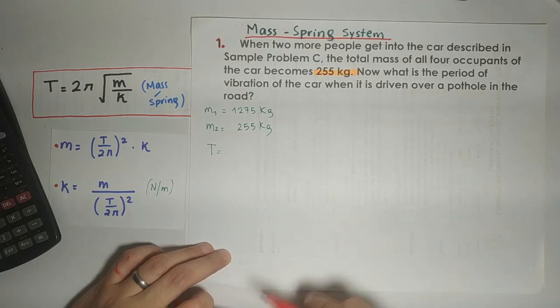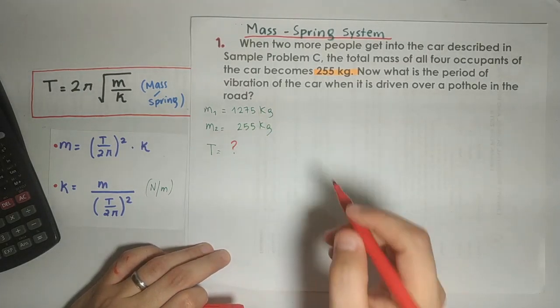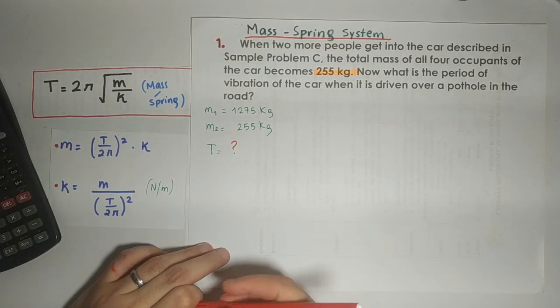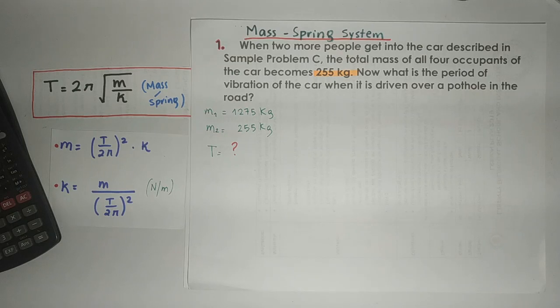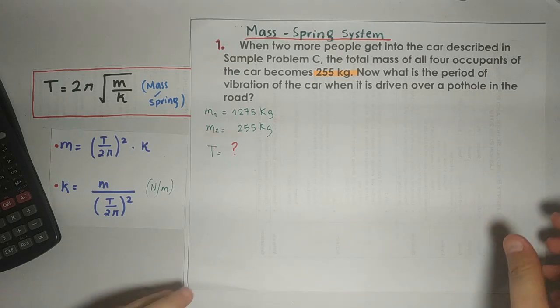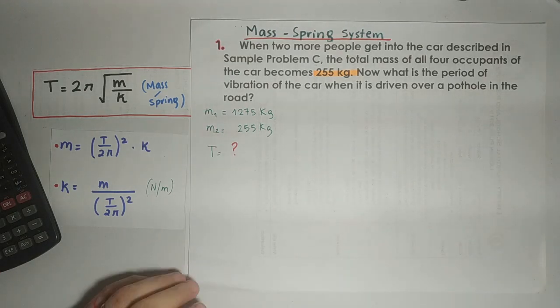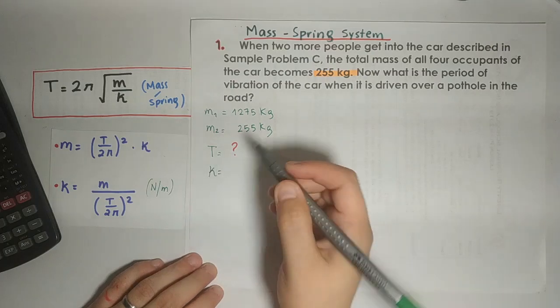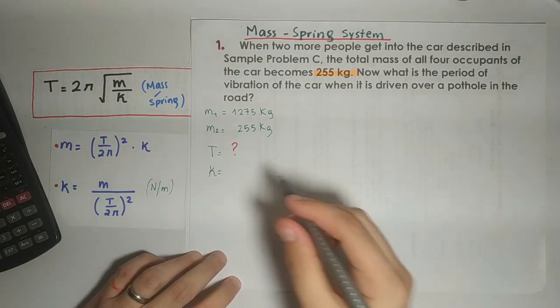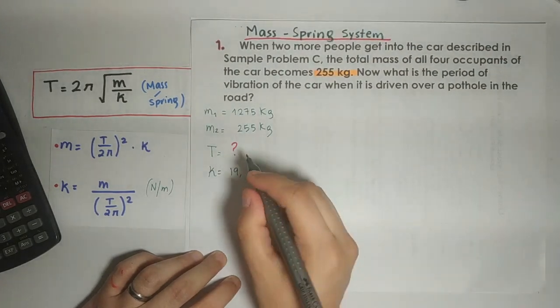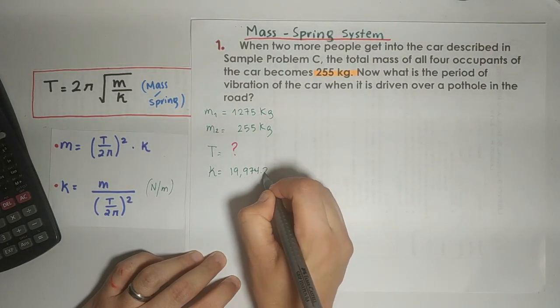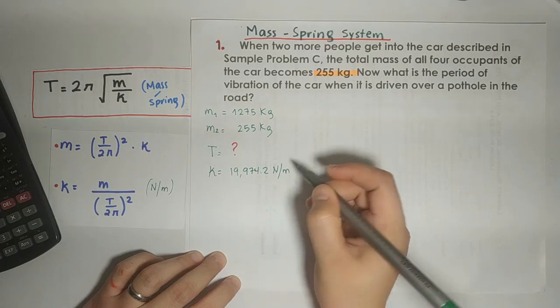But as we are talking about the same car and the same four springs, we're talking about the same material, the same kind of spring. So from the exercise before, I got that my spring constant was 19,974.2 Newton over meter.